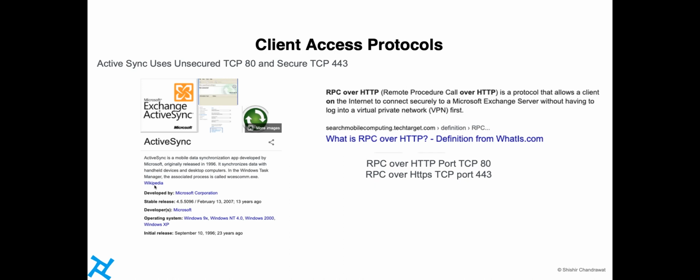The other benefit of ActiveSync is that it is also a push protocol. As soon as an email appears in your mailbox, it will get pushed to your phone or mobile device. So ActiveSync is once again a push protocol.